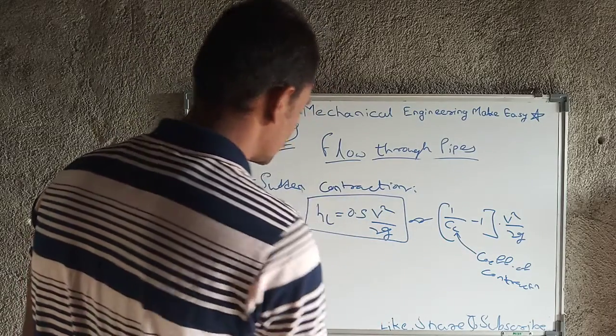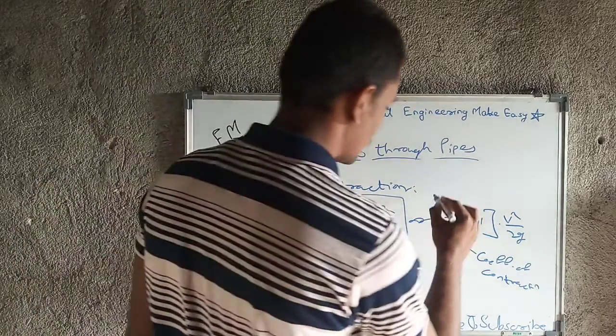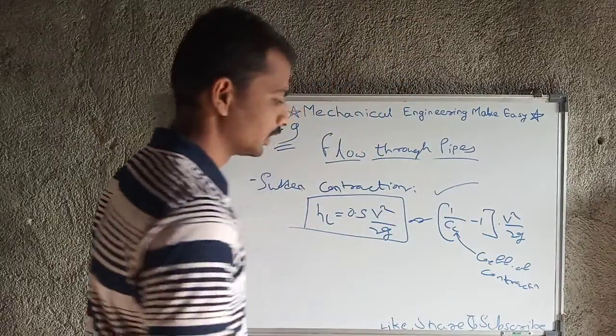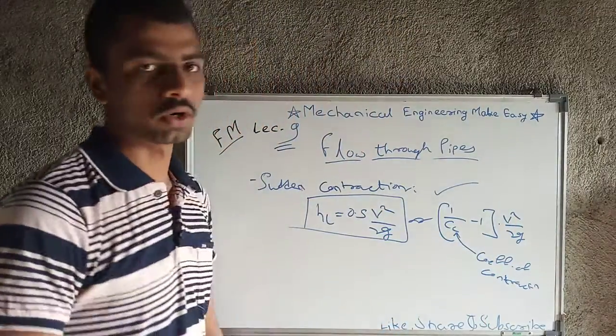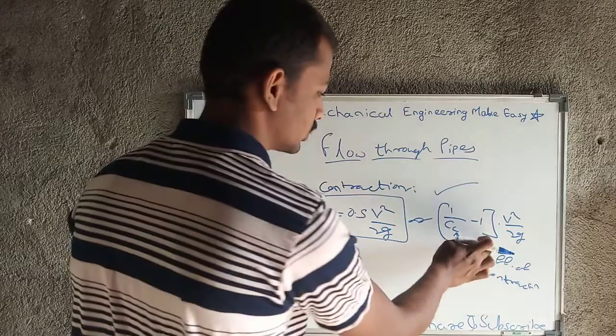Majorly you have to use the first formula, but there may be a case that the examiner gives you the value of coefficient of contraction. In that case you have to use the second formula.